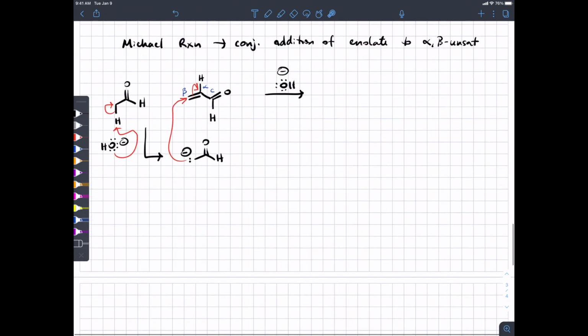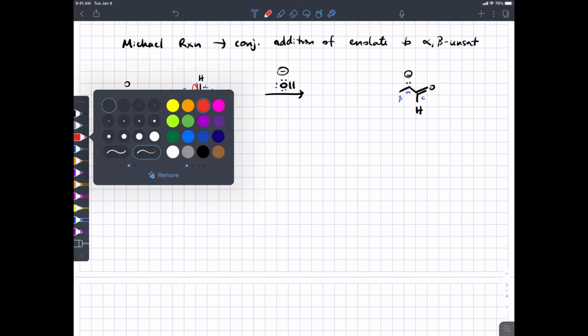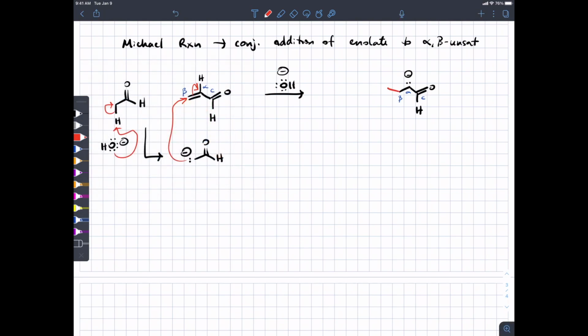All right, let's show the product of that. I'm going to redraw this part of the molecule here with a negative charge on the alpha carbon. The new bond is here. And then here is the part from my enolate.